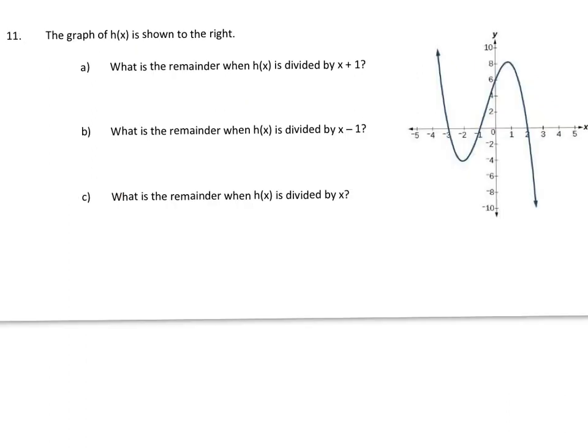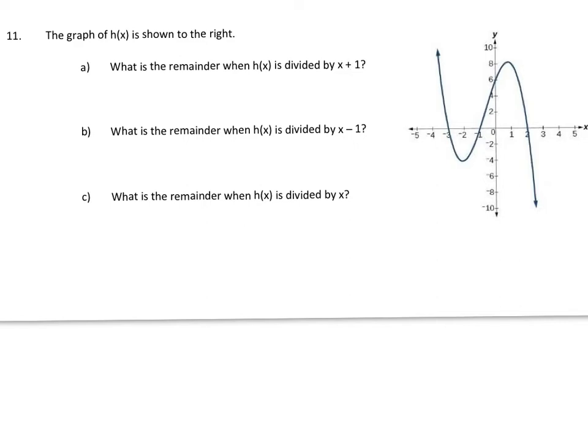Okay, so number 11. They give us a picture of h of x, and they want to know what is the remainder when h of x is divided by x plus 1. Well, the remainder when h of x is divided by x plus 1 is the value of the function at x equals negative 1.